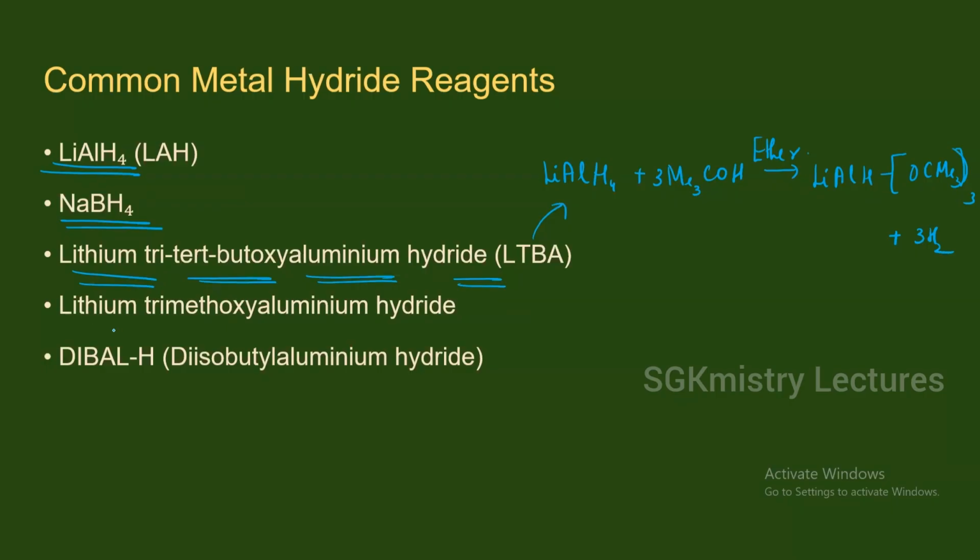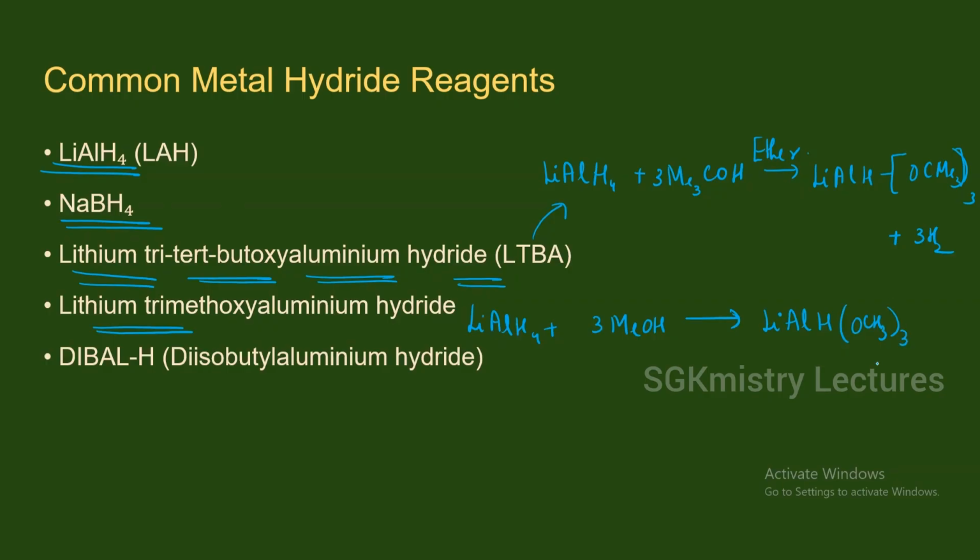Along with that, we also have another reagent, lithium trimethoxy aluminum hydride, from LiAlH4 treated with 3 moles of methanol. When 1 mole of lithium aluminium hydride is treated with 3 moles of methanol, we have lithium aluminium hydride with OCH3 thrice.